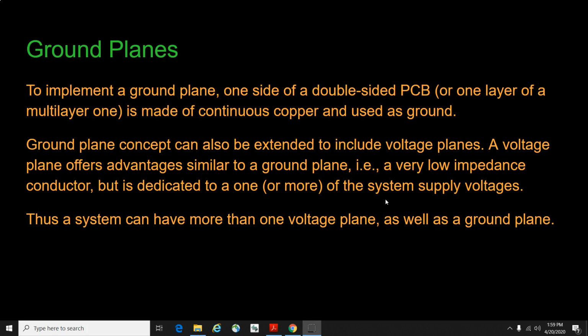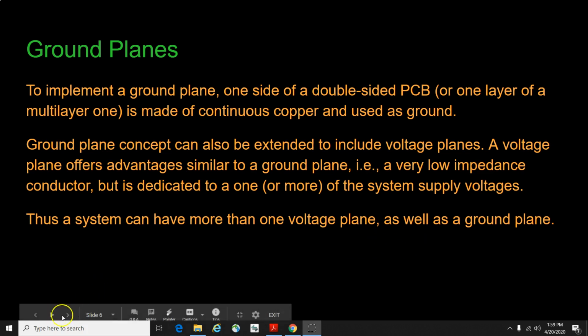The same way, you can have multiple voltage planes, and that might fasten the flow of electricity in your circuit design. Thus the system can have more than one voltage plane as well as ground planes.